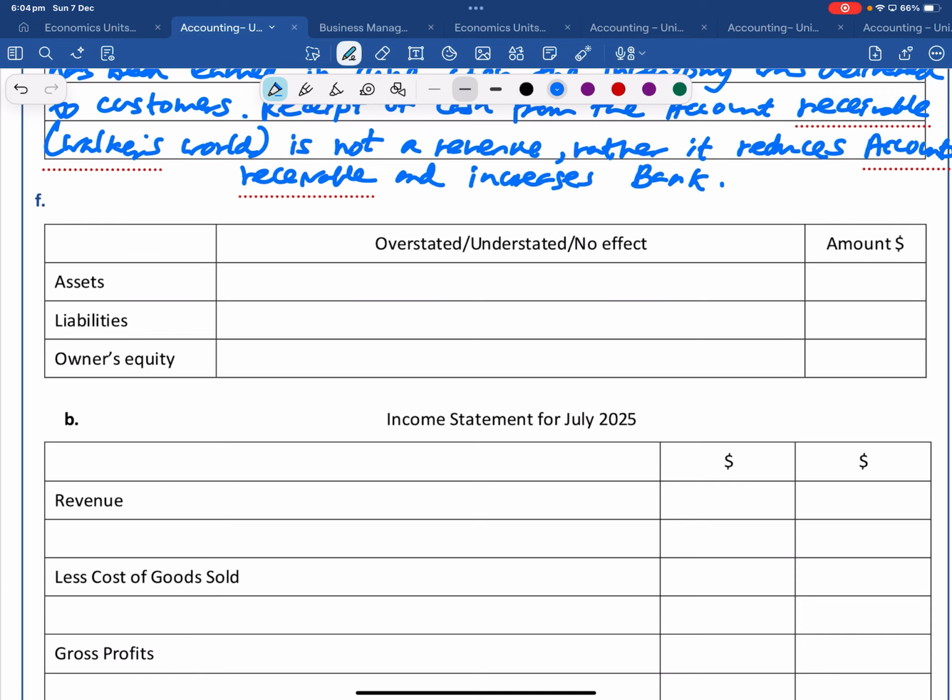If there are two assets, sometimes we leave some space to write increase or decrease. But this one is pretty simple, because only one asset is affected, no problem.